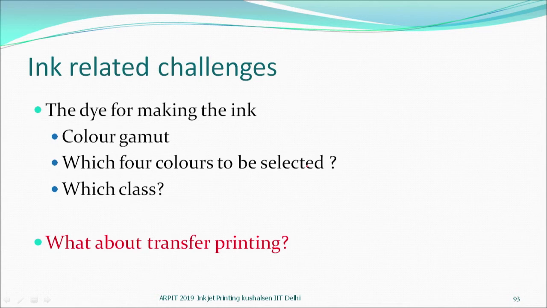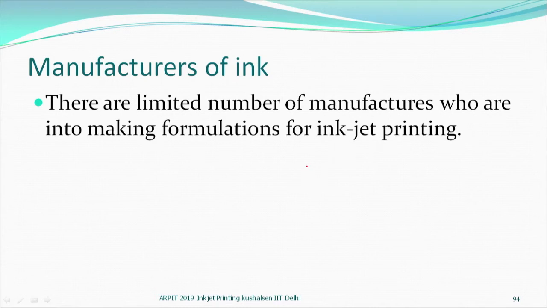And that is why another challenge that you have is different types of ink requiring different chemical compositions for fixation. The pre-treatment and the post-treatments may be different, and therefore the challenge of generating an ink is always there. That is why we said there are very limited number of ink manufacturers who would be making inks for inkjet printing.